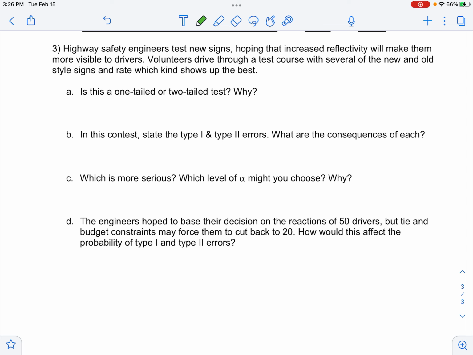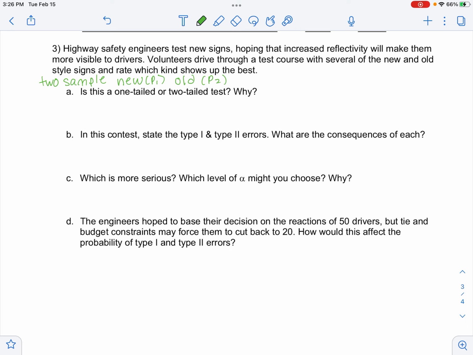So here, first thing that I would ask is, do you think this is a 1 sample or a 2 sample? And I would say this is a 2 sample because we are testing these 2 signs, the new signs and old. So I'll say new is P1 and old is P2. I guess you can do it in reverse if you want.